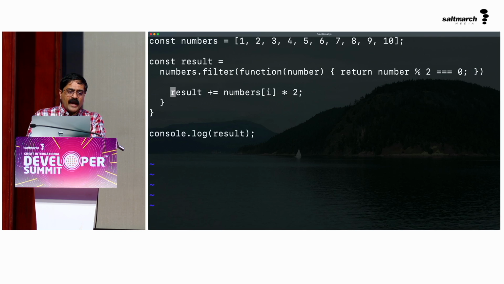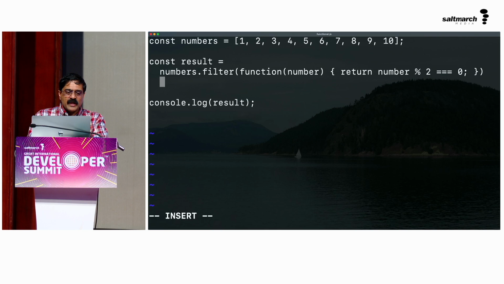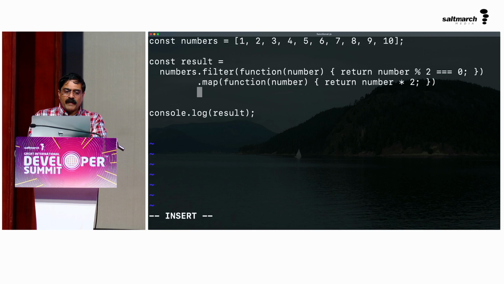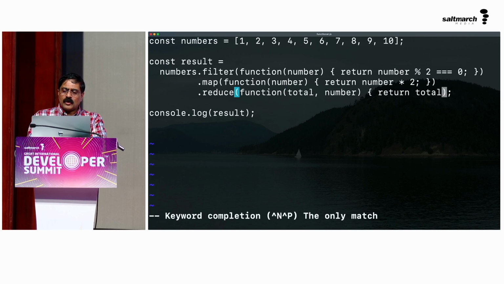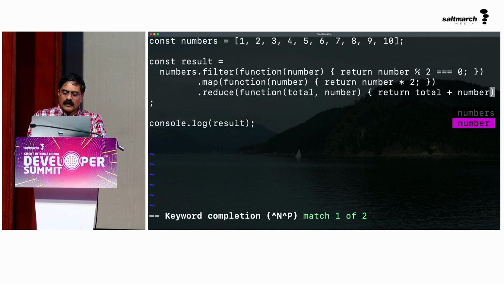Then the next step here is a .map, and here's a function that takes a number again as an argument and returns number times 2. That is the second step. Then I say reduce. And what am I going to do with the reduce function? I say function total comma number, and I'm going to return total plus number right there.